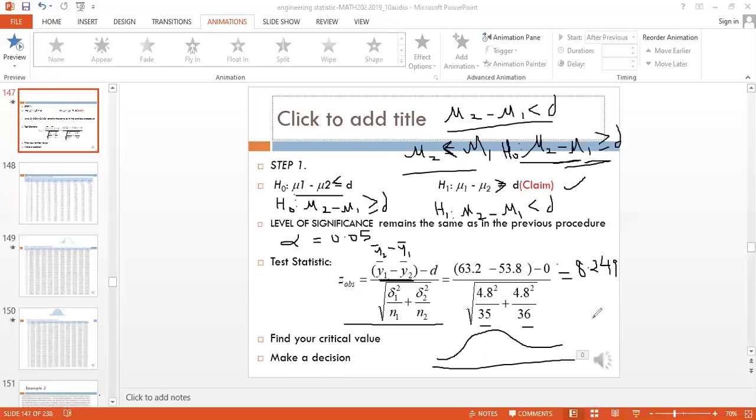So we have 8.249. And again, we said we are dealing with this hypothesis here. Let me clear this side first.